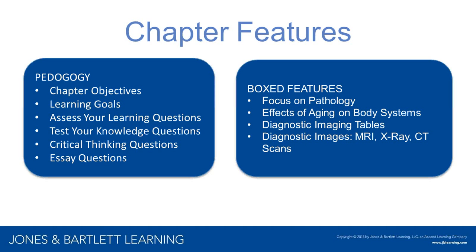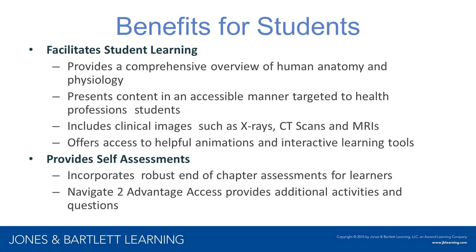This book has a lot of benefit for students and for instructors, because I have provided a comprehensive overview of human anatomy and physiology for students, and also it has, as I mentioned, X-ray, CT scan, and MRI.